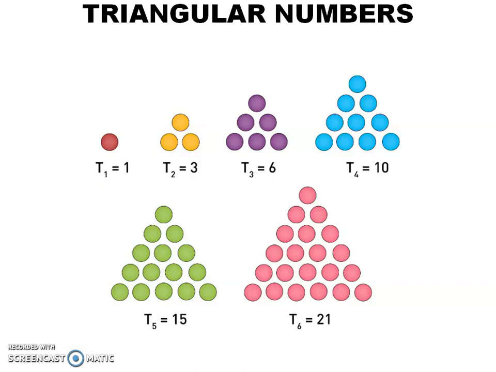After 6, what will be the number? After 6, you will have 1, 2, 3, 4, 5, 6, 7, 8, 9, 10. Such numbers which help you make an equilateral triangle are known as triangular numbers. This is only for your knowledge.